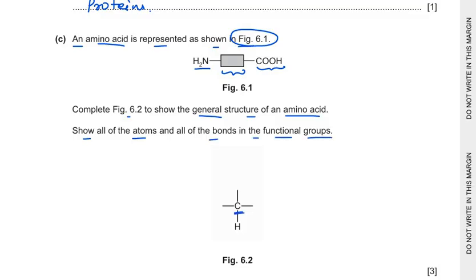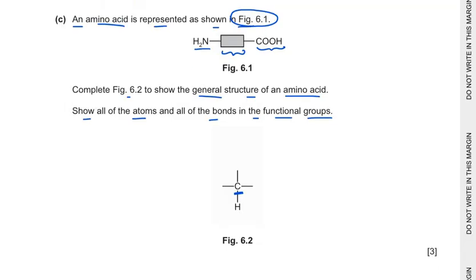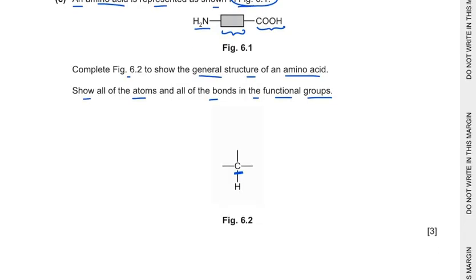Now here we can see that there is a carbon atom in between, and we already know that there is an amine group on one side. So just show the bonds with the amine group. Here in general we can write some R group because that can differ from one amino acid to the other. On the other side we have carboxylic acid, so we need to show all the bonds with COOH, and this is how we are going to show amino acids showing all the bonds.